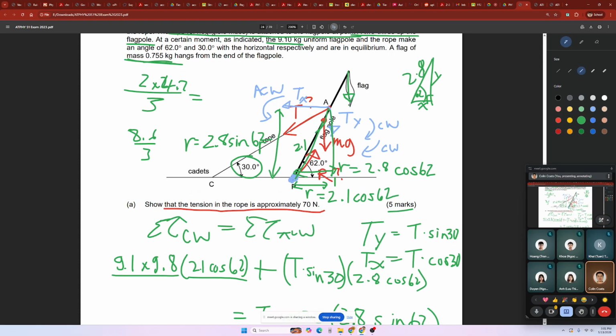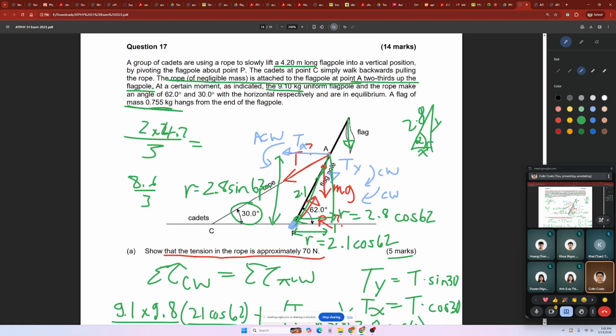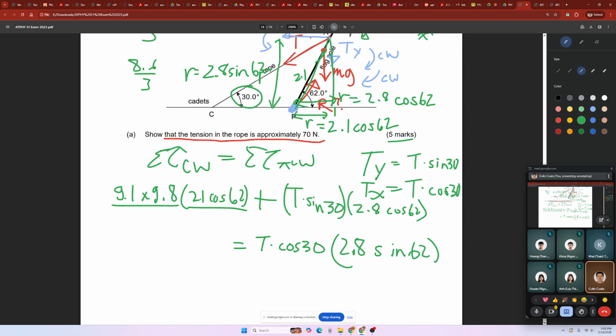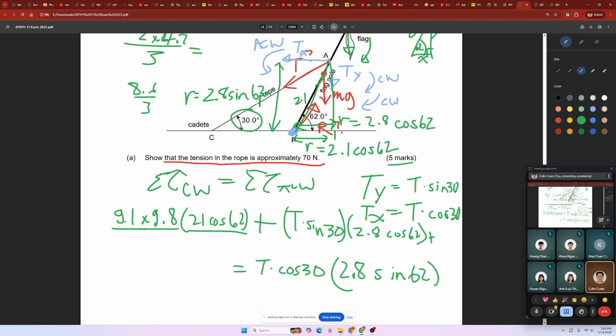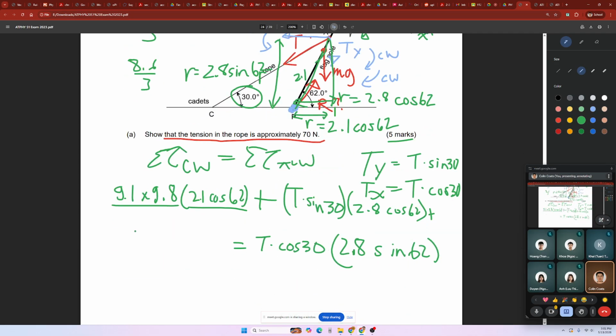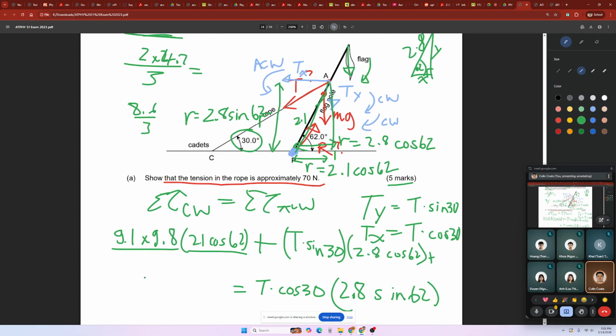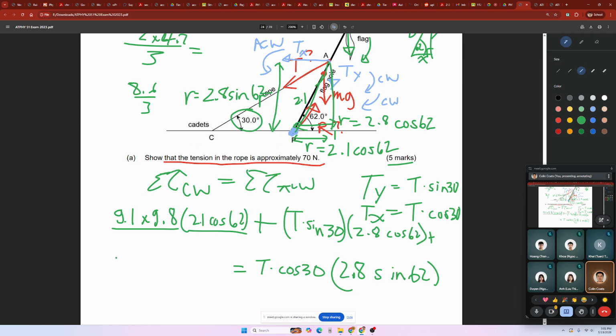Which way is it going? It's clockwise. We're just going to add it to this side. My bad. So the flag is 0.7, so it's going to be on this side anyways. We don't have to add it to that side.